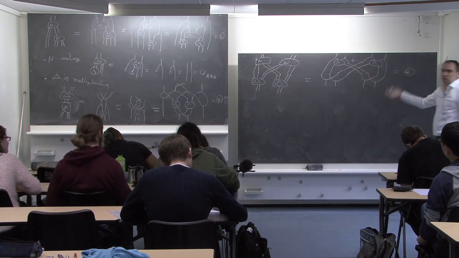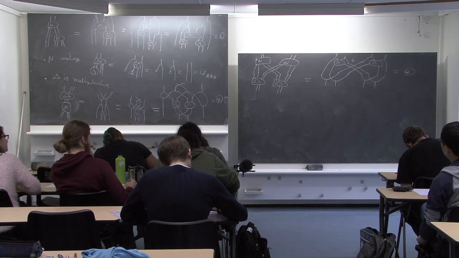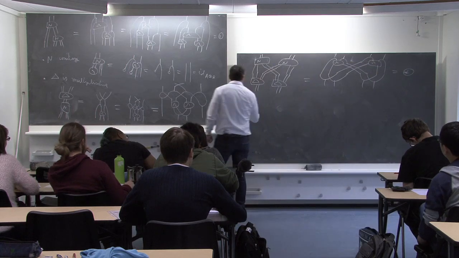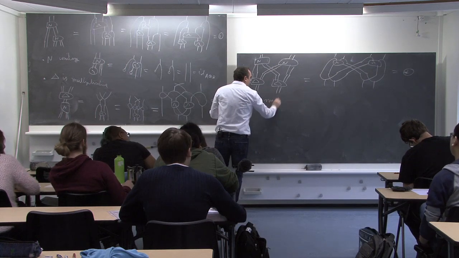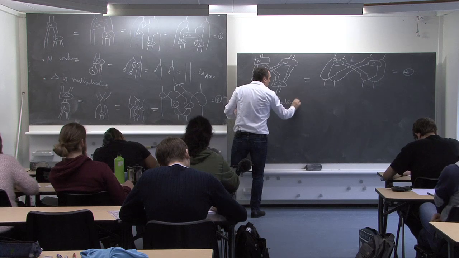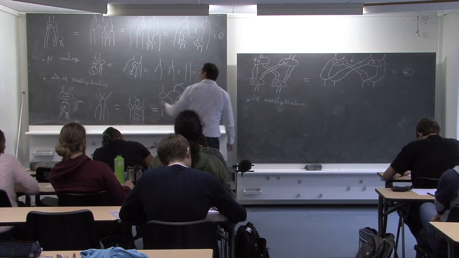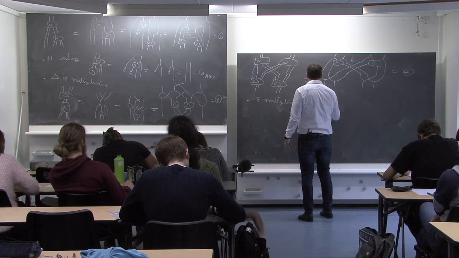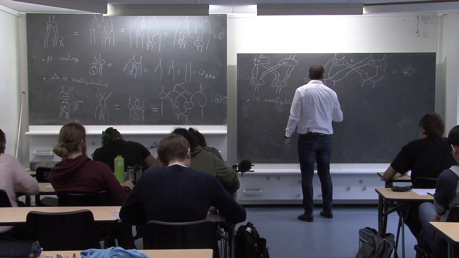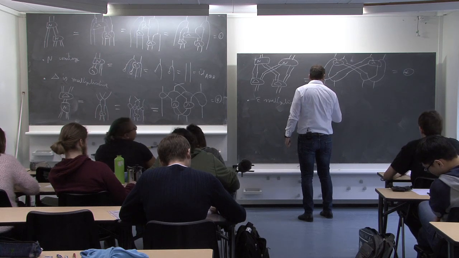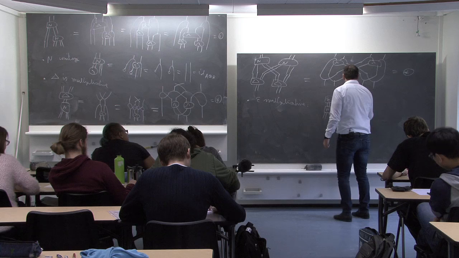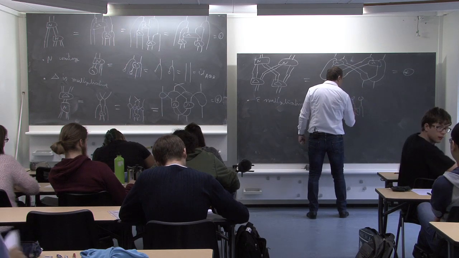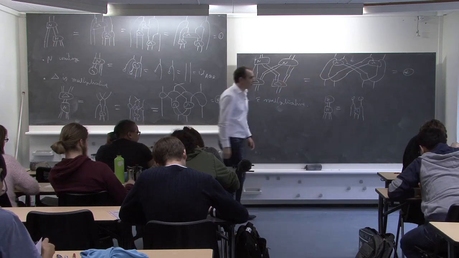This is just an easy verification. Okay. And finally, epsilon is multiplicative, and we will see we use all the axioms. So what does it mean? Epsilon of mu.